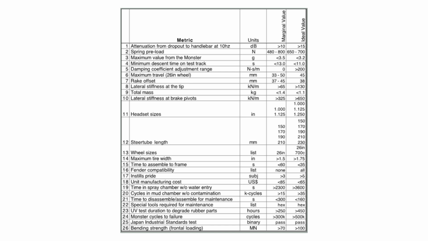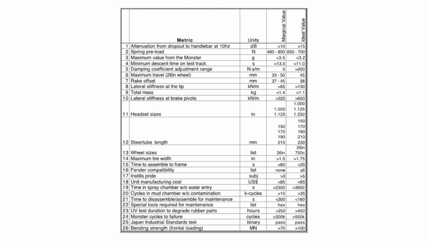Okay, remember, try to review your project proposal and try to imagine what metrics should be proposed. So back to this example, we have 26 metrics, we have the unit, and we need to set the marginal value and ideal value.